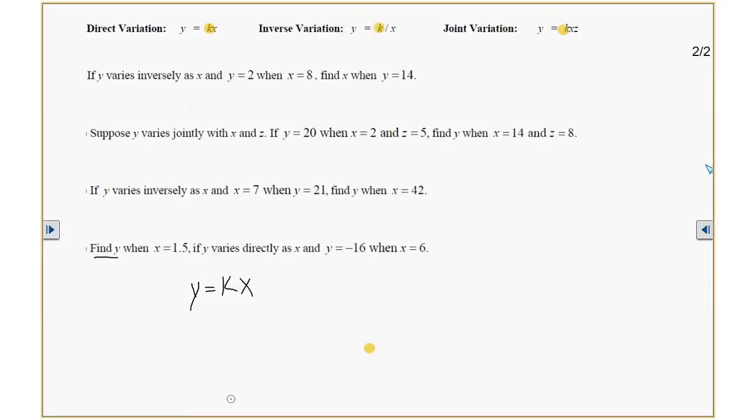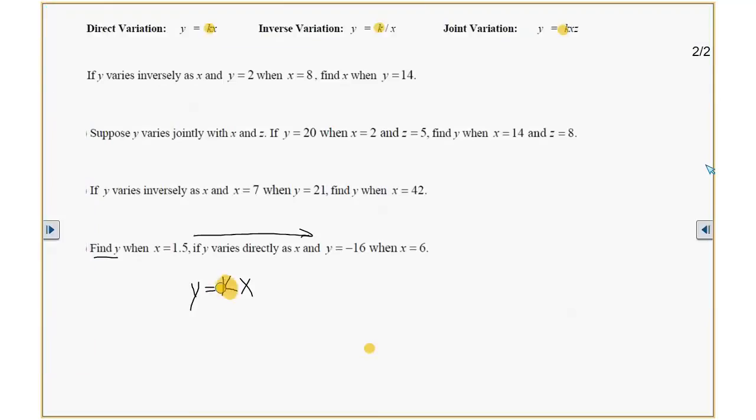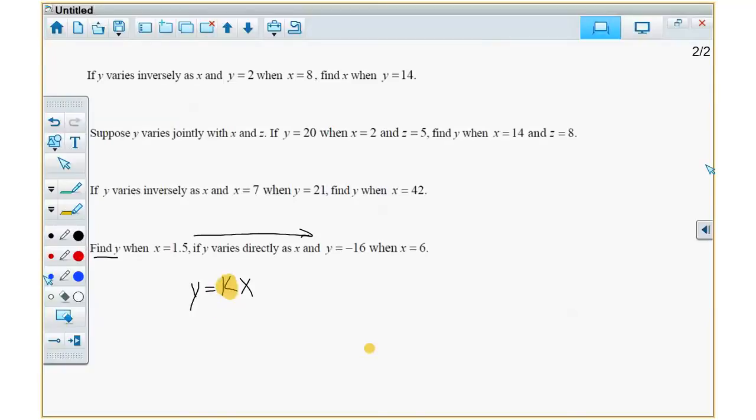X. Now sometimes this isn't going to be Y and sometimes this isn't going to be X. But which way do we read? Left to right. If this is A varies directly as B, then A is equal to K times B. Plug in the variables as you read them. Which one does not change? The variable K will always be K. Because it stands for the constant, and that's what you're trying to find out.